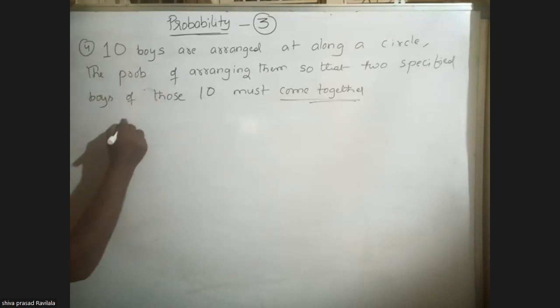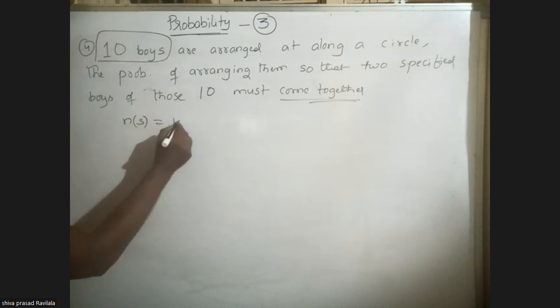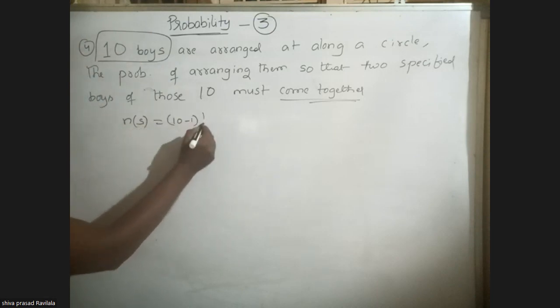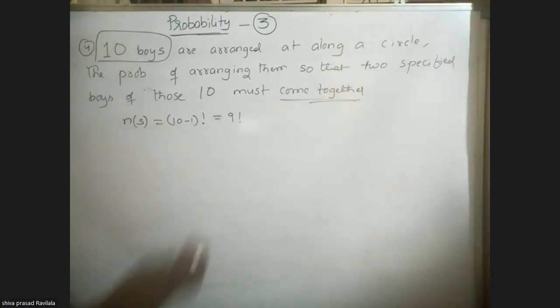For example, here n of S, just now we discussed 10 boys is given, therefore n of S is equal to 10 minus 1 factorial, and that is equal to 9 factorial. One person is fixed and later such a formula.